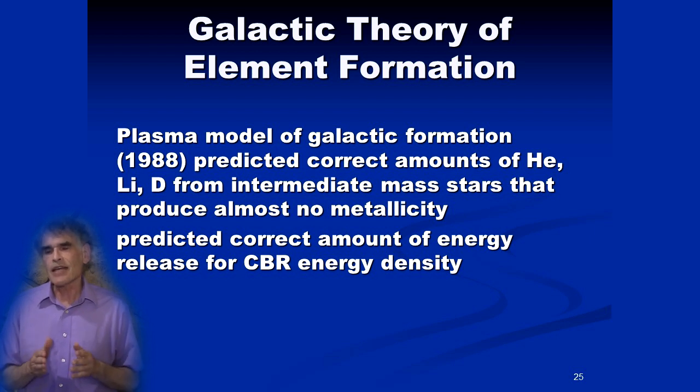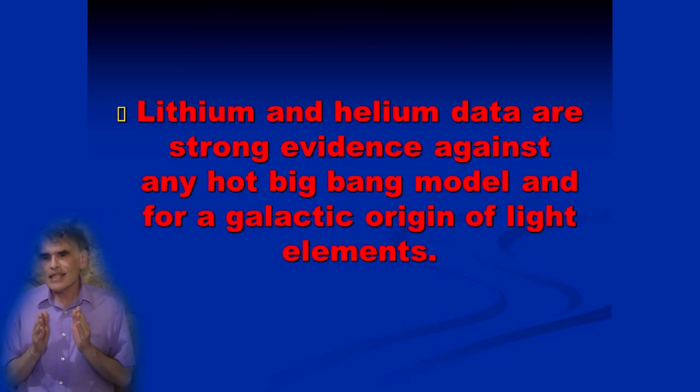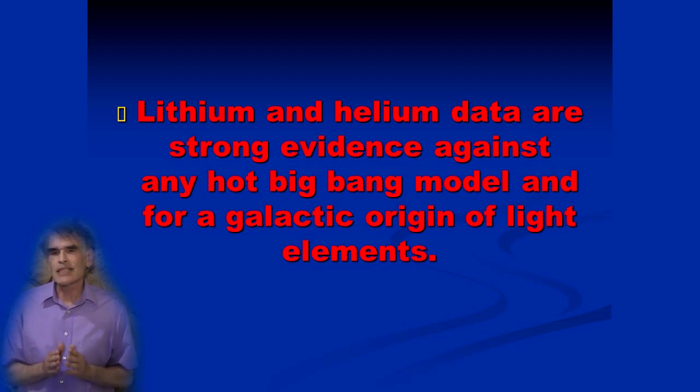And if you take plasma predictions of the formation of the galaxies, you come up with a lot of intermediate mass stars, which are too small to produce lots of heavy elements, but produce lots of helium. And stars are also capable of predicting lithium in the right proportions. The lithium and helium abundance are strong evidence against any hot Big Bang model.